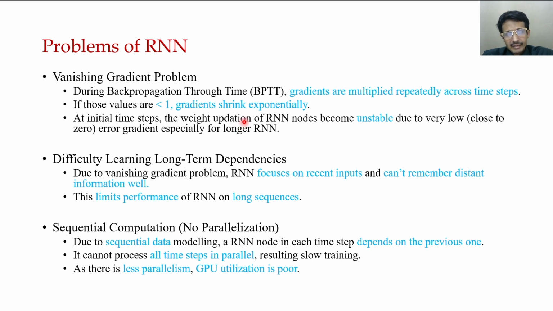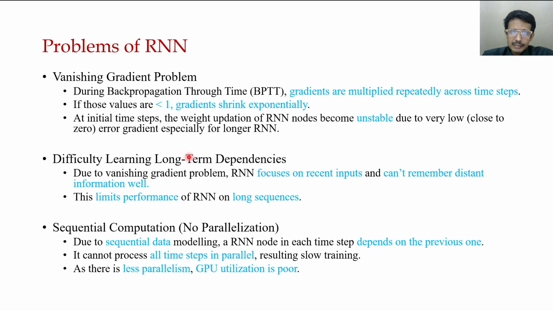As a result of this vanishing gradient problem, RNN only focuses on very local context. That means a very small number of time steps, like 5, 6, maximum 10, not more than that. So RNN focuses on recent inputs, but it can't remember distant information very well.